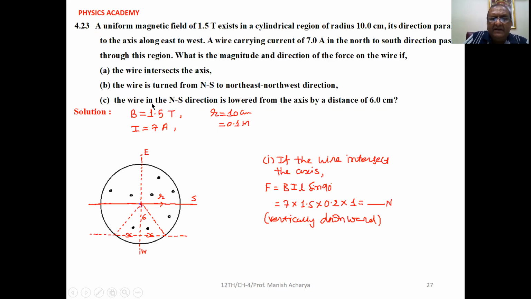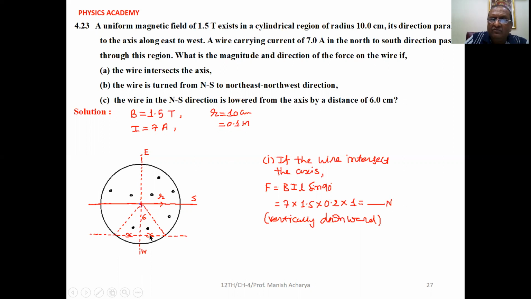See, the wire in the north-south direction is lowered from the axis by a distance of 6 centimeter. See, the wire is lowered by 6 centimeter. So now here we have to find the length of this part of the wire which is inside the magnetic field.